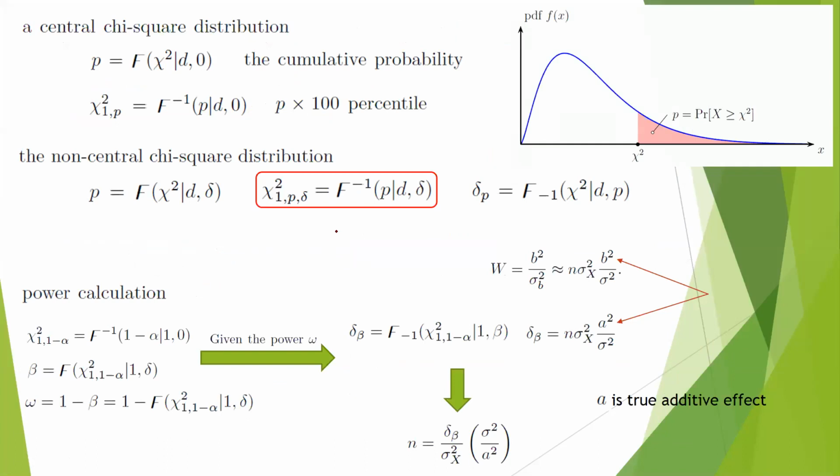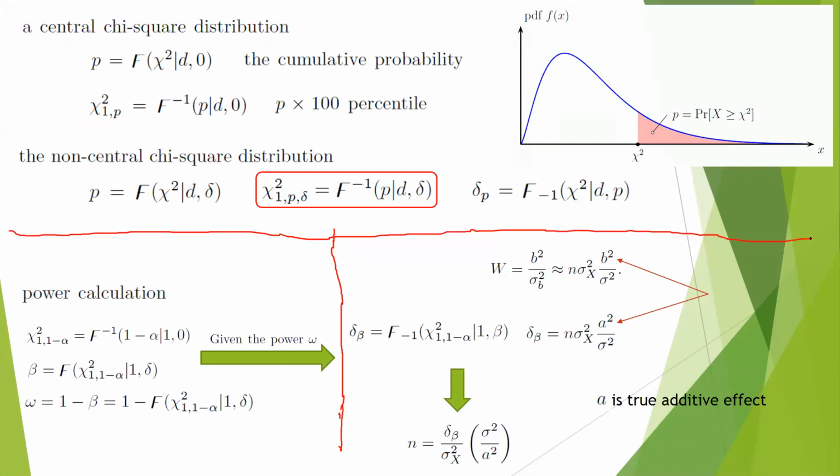Okay, so power calculation: there are two ways to do the power calculation. This is one way, and this is another way. The one way means, given the sample size, what level of power we can achieve.